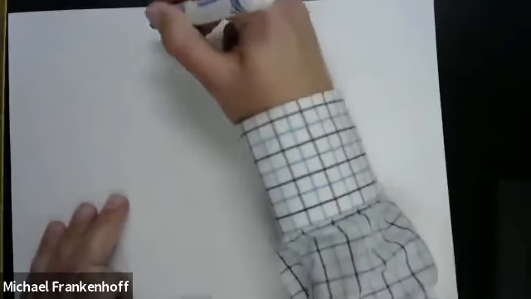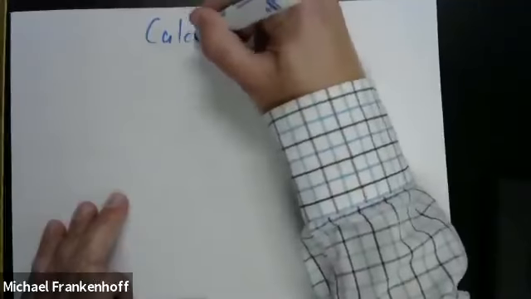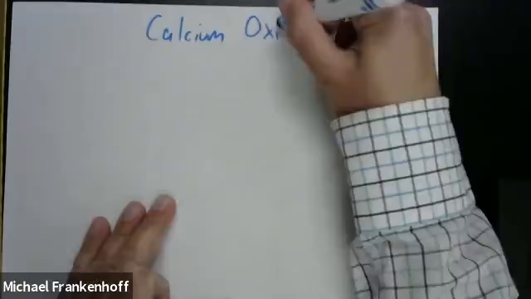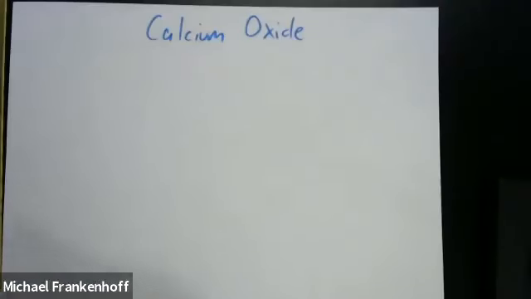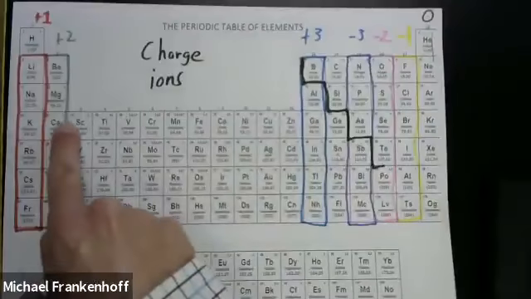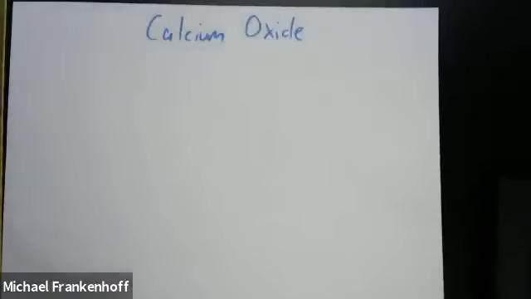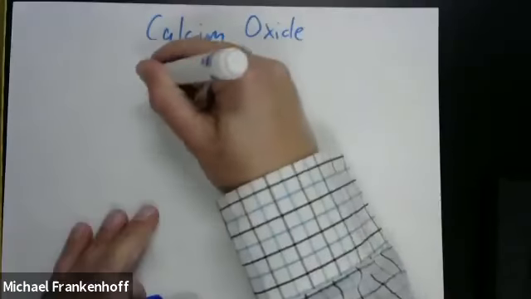So let's do one here that is, let's say, calcium oxide. So calcium oxide, let's look up our charge of calcium. It's +2, and oxygen is -2. So when we go to do that, let's write that.